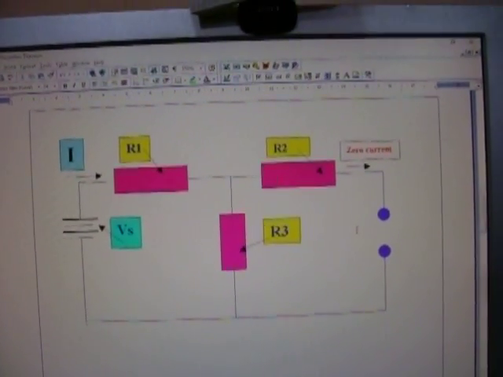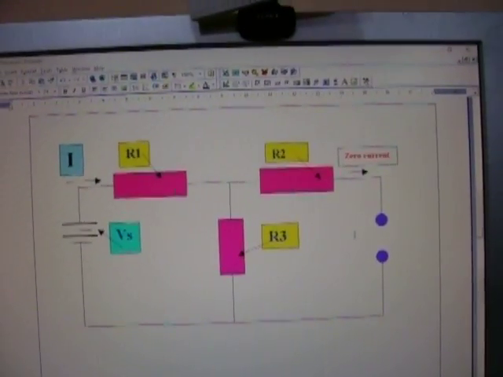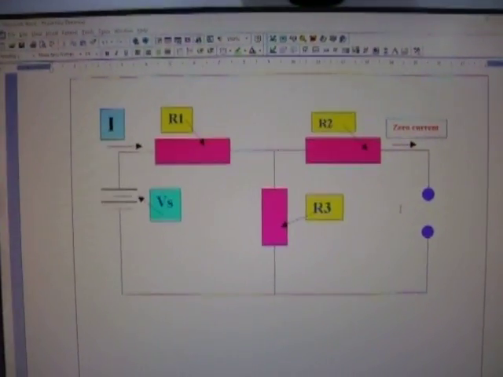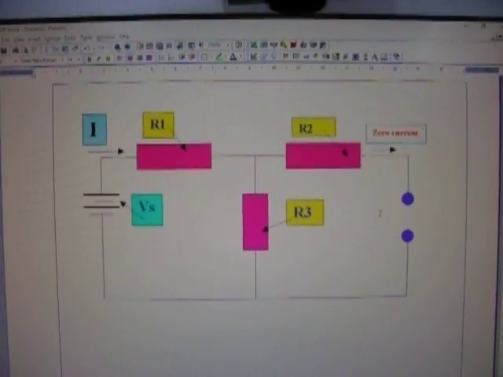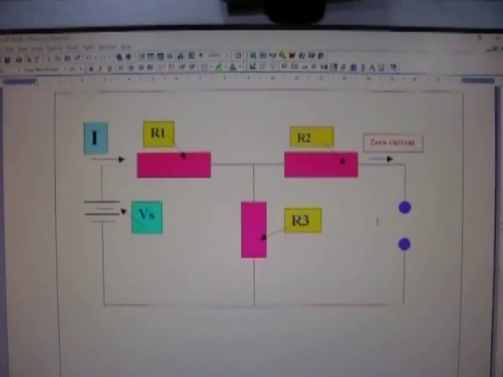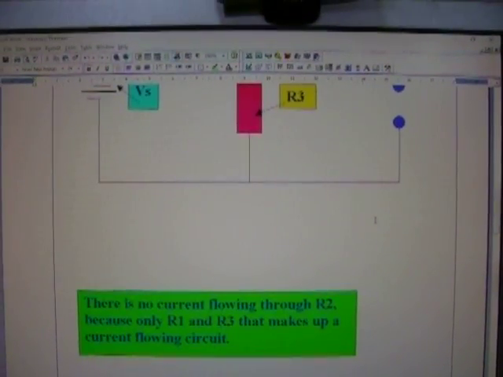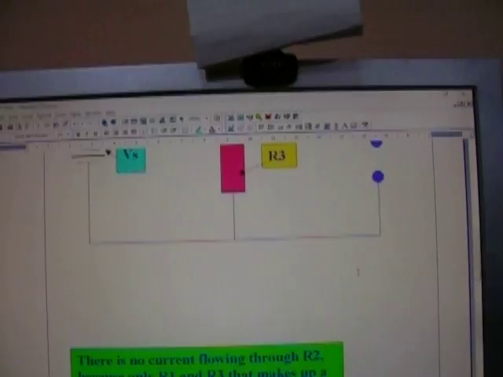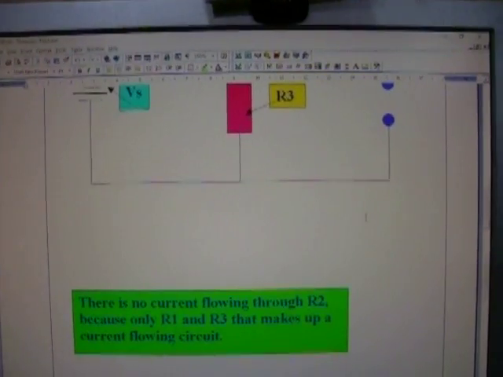This diagram shows you the voltage source, direction of the current, and where there is no current flow, because there is no current flowing through R2 at this point in time. The current will only flow through R1 and R3. Okay.